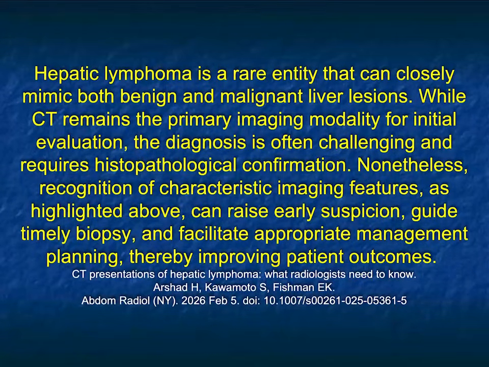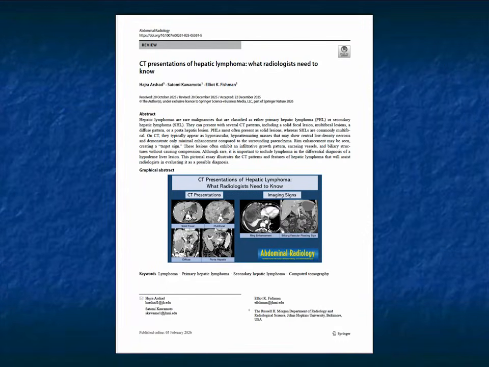But again, when you think about the solitary and multiple lesions I showed you, there are many tumors that can do that. So it's really hard just looking and making the right call all of the time.